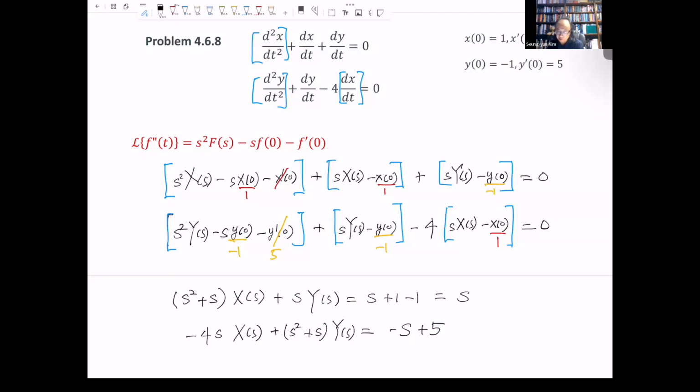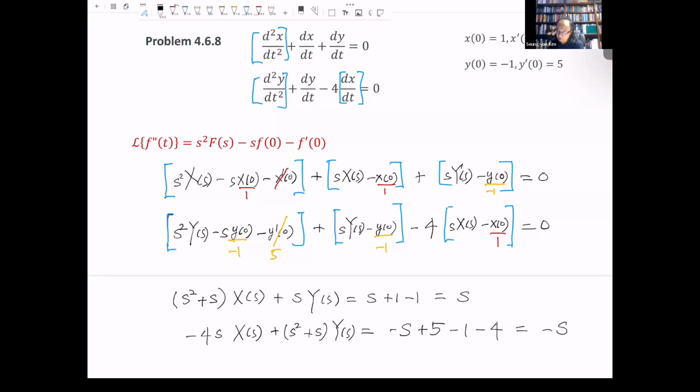This is negative 1 times negative 1, positive 1, move it over, negative 1. And then negative 4 times negative 1, positive 4, move it over, negative 4. So we have 5 minus 5 equals 0.